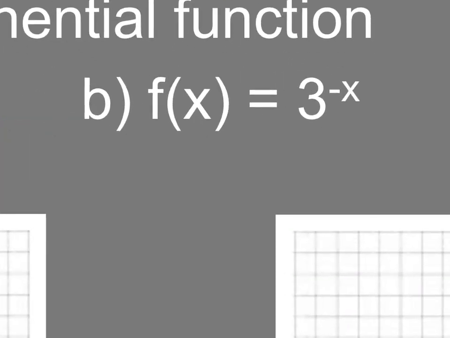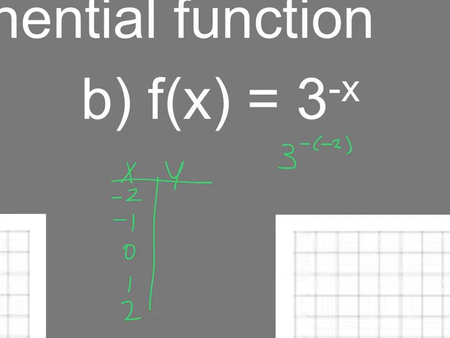All right, so now, how is this function different? It's a negative exponent. So again, let's make an xy chart. I have -2, -1, 0, 1, and 2. So I have 3 to the -2, which is what? 1 over. Well, what's a negative and a negative?